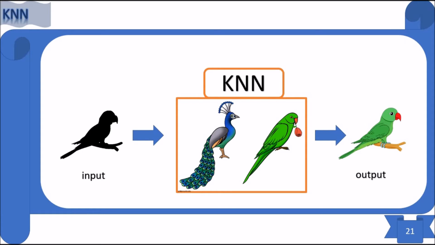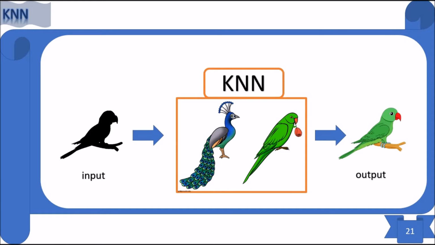So let's assume here an example of KNN. Suppose we have an image of a creature that looks similar to, let's say, a peacock and a parrot, but we want to know whether this input is a peacock or a parrot. For this identification, we can use the KNN algorithm as it works on similarity measures.